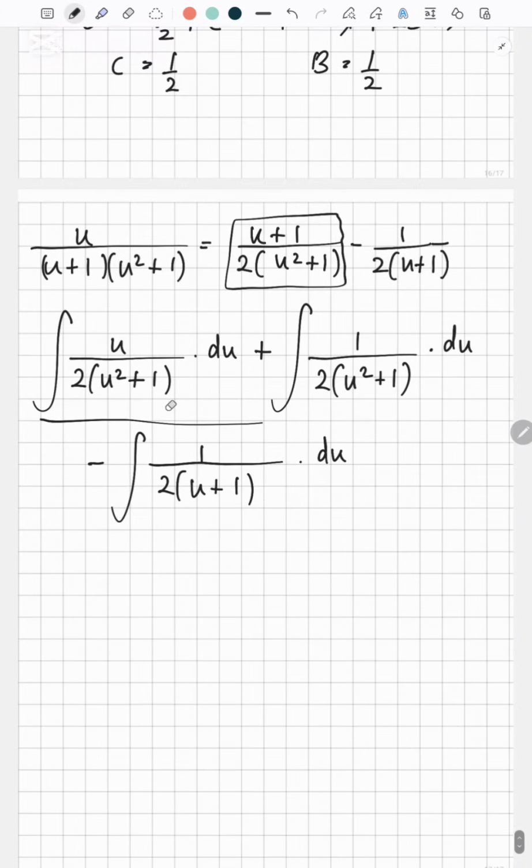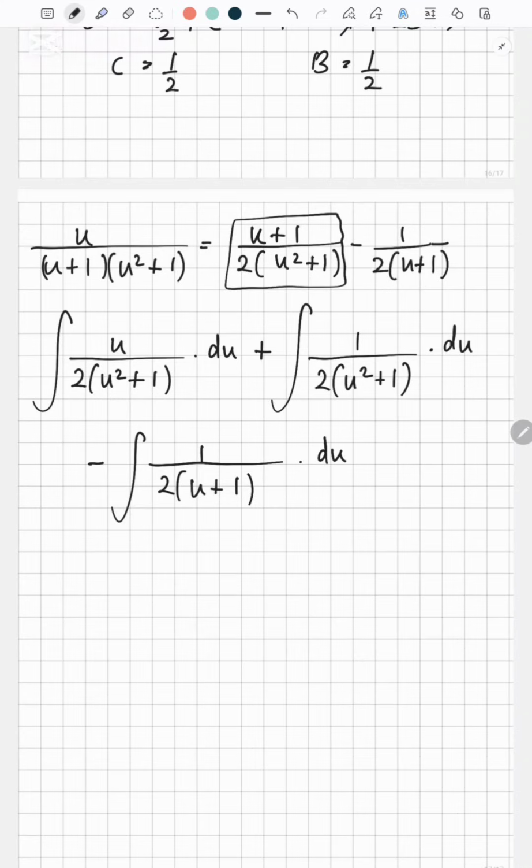So what's the integration for this? I won't take substitutions. If you just look carefully, what's going to happen if you differentiate u squared plus 1? You get 2u, right? These are very easy questions. You don't have to do substitution, you don't have to waste time. If you're new to integration, yeah, you can, but I would just show you an easy way, okay?